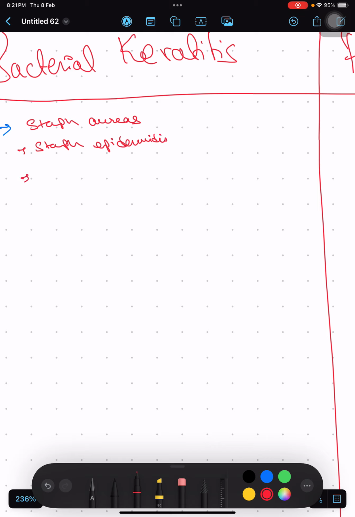Bacteria resembling fungal keratitis is Nocardia. And bacteria which cause keratitis after refractive surgeries, that means the lens laser surgeries, are actually Mycobacterium chelonae.